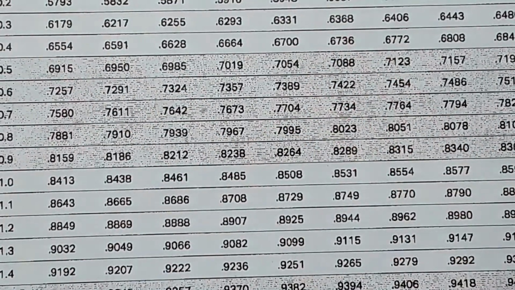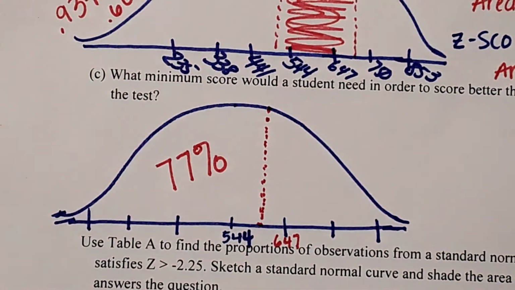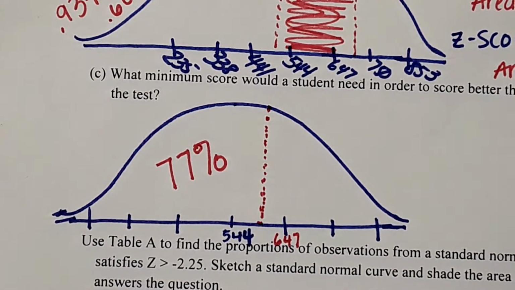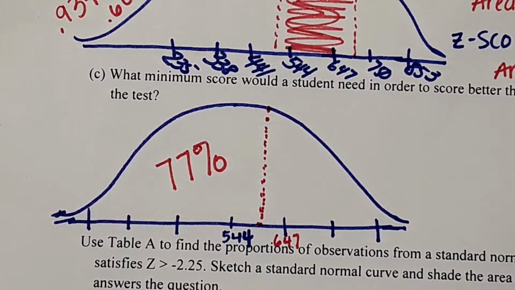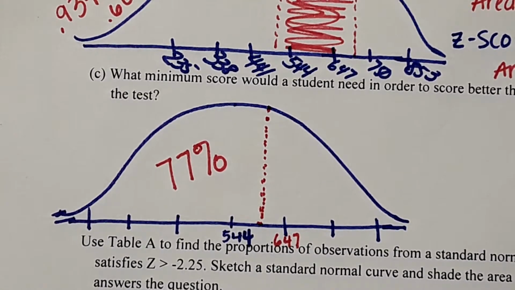You guys, we're taking our chart, in the book, the blue book, or on the chart, and we're looking up 0.77. And so I found 0.7704.